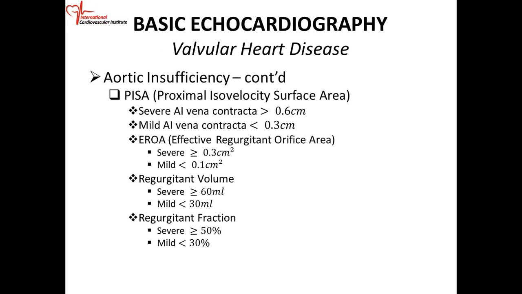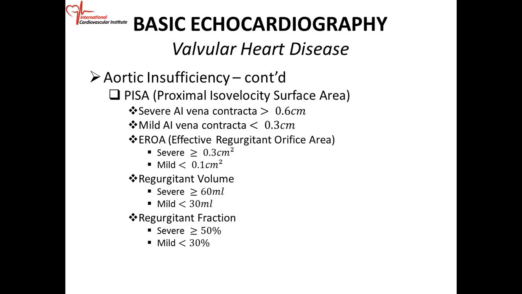If the regurgitant fraction is greater than 50%, it suggests severe AI, and if it's less than 30%, it suggests mild. These are the parameters we use to determine the severity of AI. We talk about the width of the regurgitant jet, greater than or equal to 65% severe, less than 25% is mild.